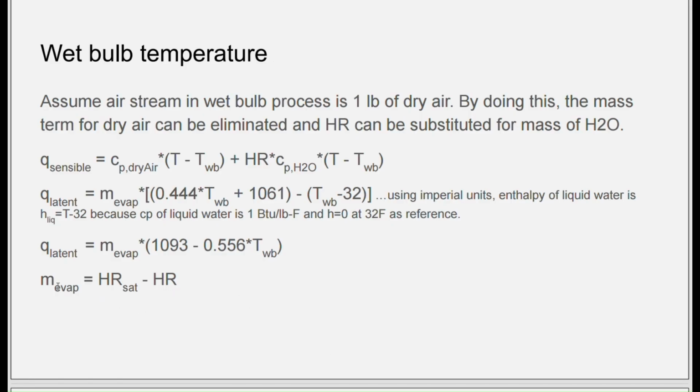And then we're also going to write that the mass of evaporated water is going to be equal to our saturated humidity ratio minus our actual humidity ratio. Again, it's 1 pound of dry air, so you can substitute humidity ratio as water vapor mass. So we know we end up saturated, and we start out at some humidity ratio, which we're just going to call HR.